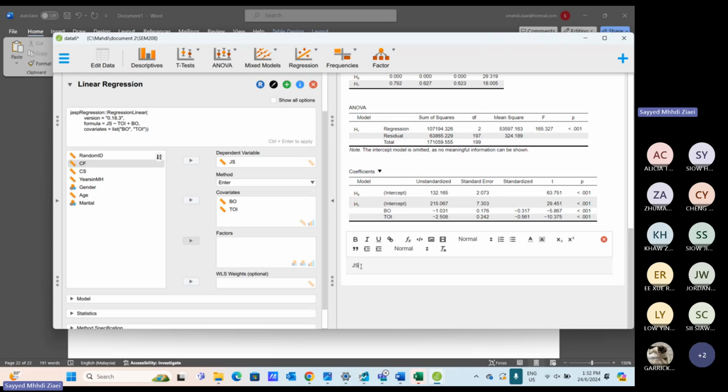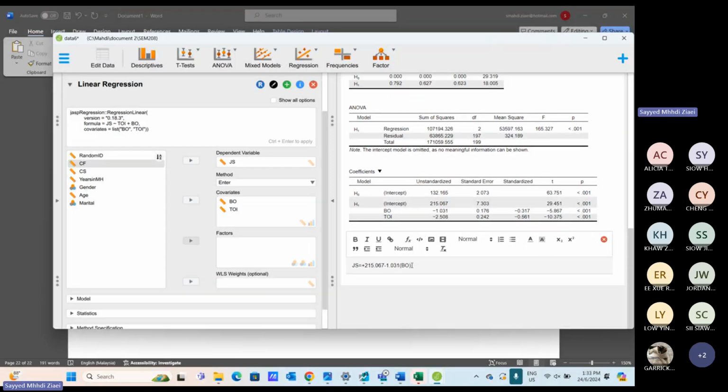GS equals, the intercept is positive 215.067, minus, because I got a negative value, 1.031 BO, which is my first independent variable.